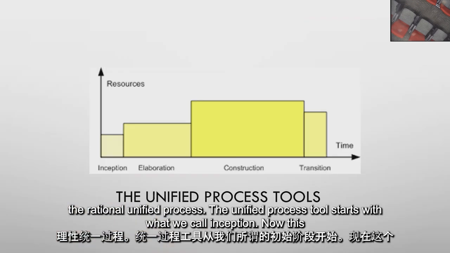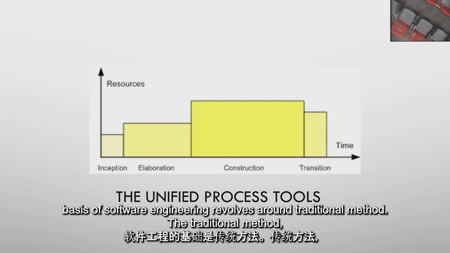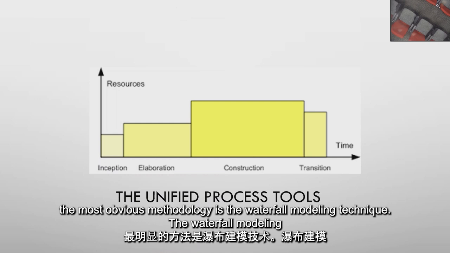The unified process tool starts with what we call inception. Now this is the object-oriented platform. The example that I gave you, that we are trying to understand the basis of software engineering, revolves around the traditional method. The traditional method, the most obvious methodology, is the waterfall modeling technique.